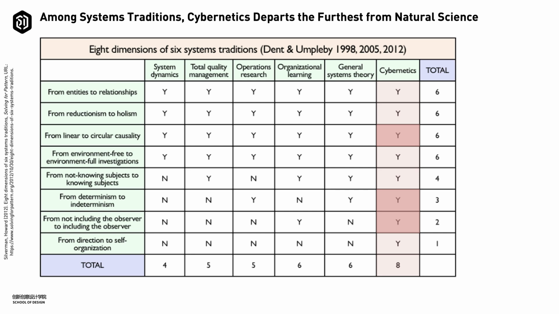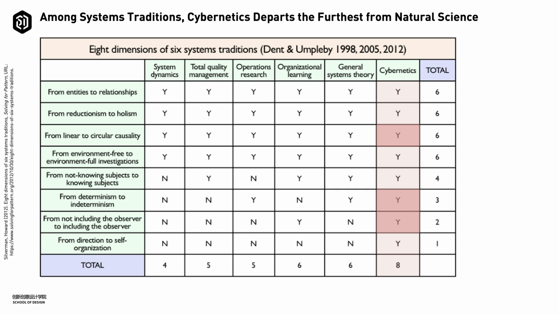Moving from linear causality, A affects B, to circular causality, A affects B and B affects A. These are all conceptual deviations from natural science. When you compare all the systems traditions, you see that cybernetics is the one that departs from natural science the most. But it also, at the same time, approximates design the best.